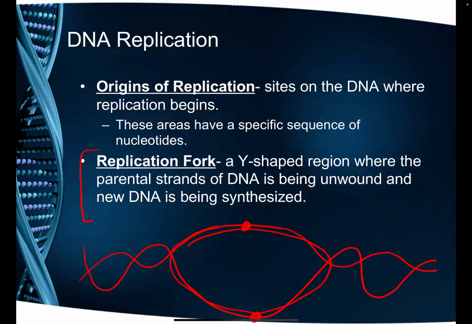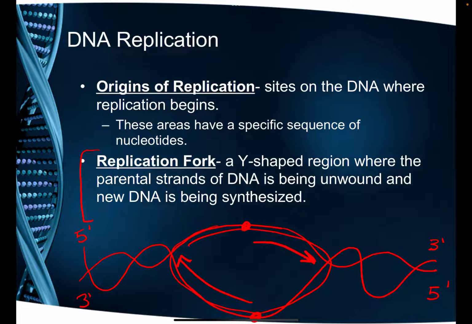So when replication happens, it is going to happen in two directions. Okay, it is going to go one way on one strand and the other way on the other strand. Now remember the term that we used yesterday called anti-parallel. Okay, so if this top strand, if this is 5 prime, then that means that this is 3 prime, and that means on the opposite strand that this is 5 prime and this is 3 prime.